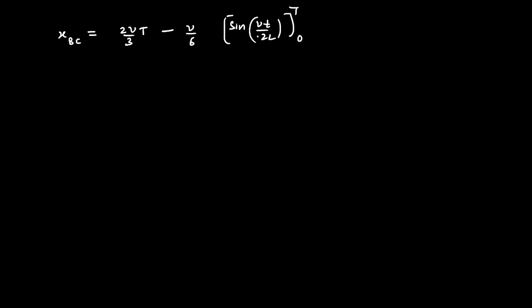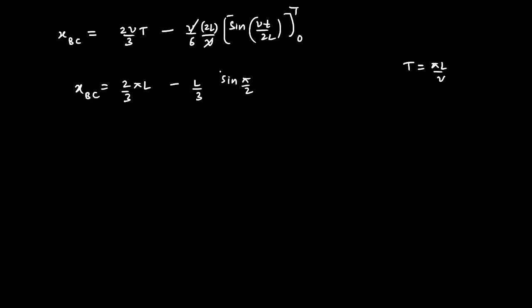And divide by the value of the coefficient of t, so you can simplify this. X of BC with respect to the ground frame turns out to be 2 by 3 times the value of VT, because T equals pi L by V. So VT is nothing but pi L. So 2 by 3 pi L minus, we have L by 3 here, and when you substitute the value of capital T, you'll get sine of 90.